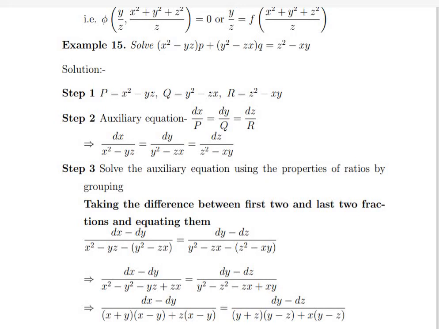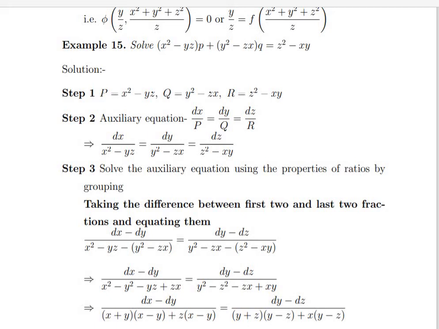Now solving the auxiliary equation, if you observe it, we won't get any part of the solution by directly equating the fractions using the method of grouping. So we will try to apply the properties of ratios here.